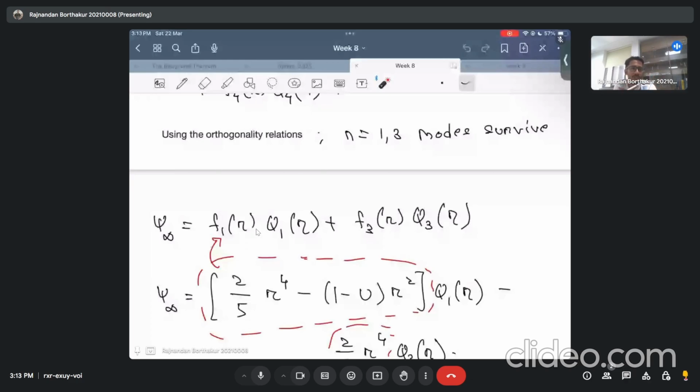We will eventually see that the modes n equal to 1 and 3 are the only ones recovered in the general solution, which were present in the far field solution of psi infinity. That's the idea, and that's what we will do today.